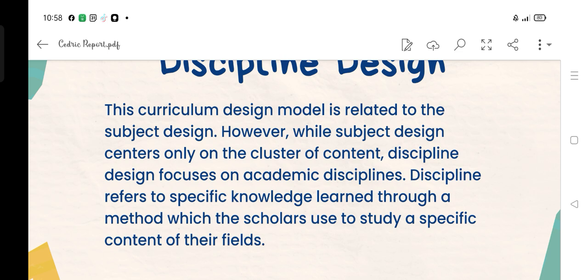So the discipline design model of curriculum is often used in college. Ayan. So sa college ito, no? But not in the elementary or secondary levels.